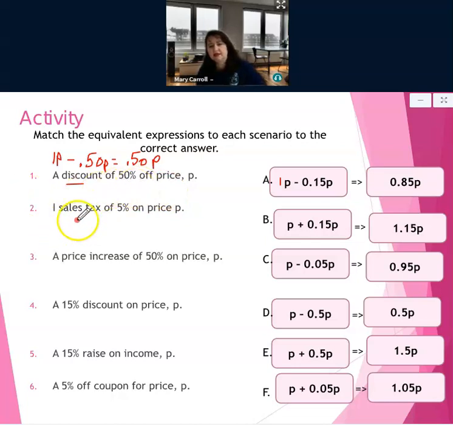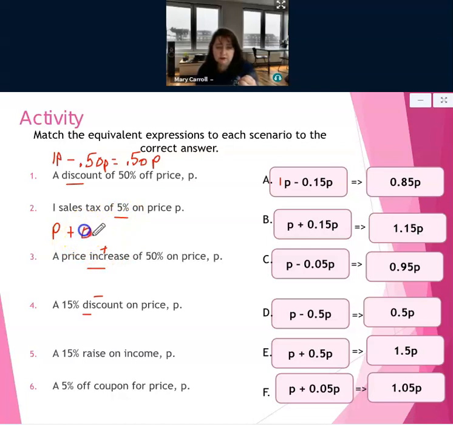On the other hand, if I have a sales tax, I'm actually increasing my amount. So I'm starting with my p again, but this time I'm going to add. So when you have the word increase, you're adding. When you have the word discount, you're subtracting. That may help you a little bit as you're going on. All right, so always start with the letter P, okay, for price, whatever I paid for this thing. And I'm going to add 5%.